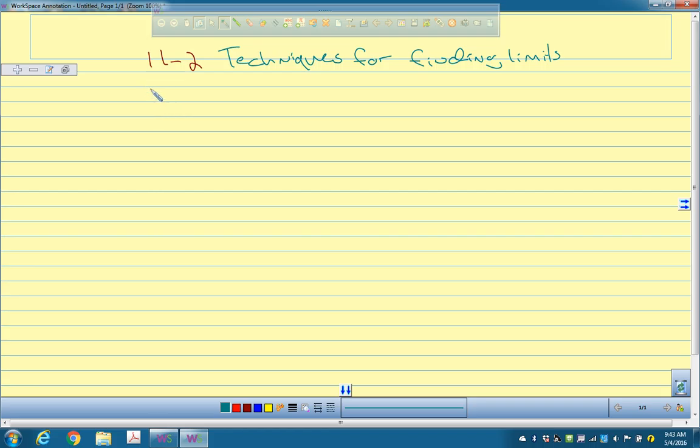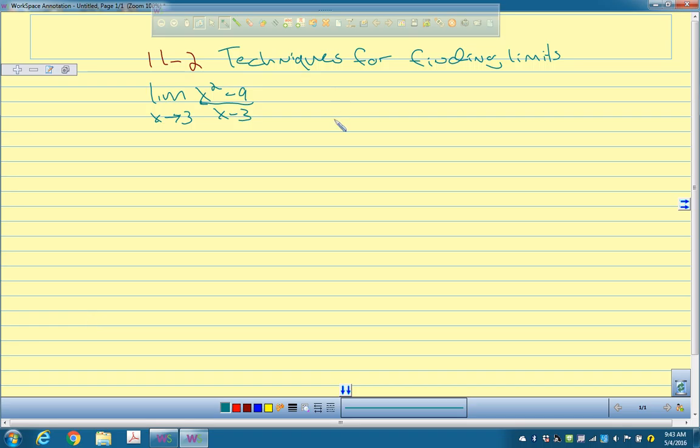So say they ask you to find the limit of x squared minus 9 over x minus 3 as x approaches 3. What happens when I plug in 3? I get undefined.